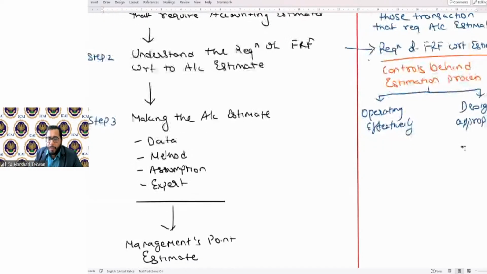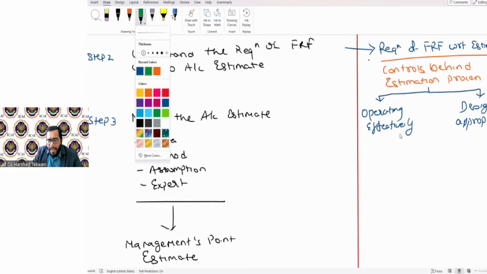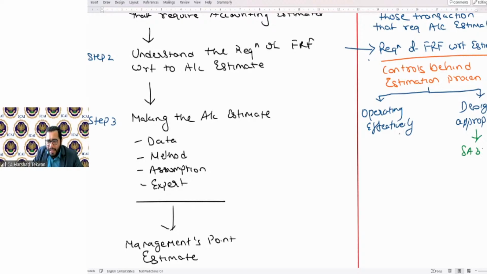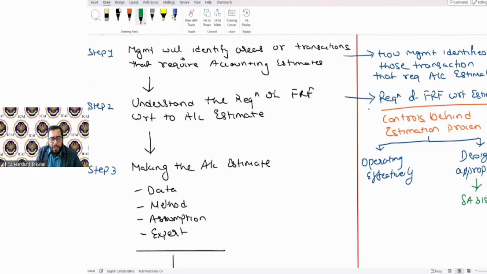Okay. Now, as I told you, I'll check the design while I discuss SA 315. As per SA 315, I'll check the design. But when I talk about operating effectively, I will also check operating effectiveness by performing TOC. So when I talk about operating effectively, I will perform TOC.